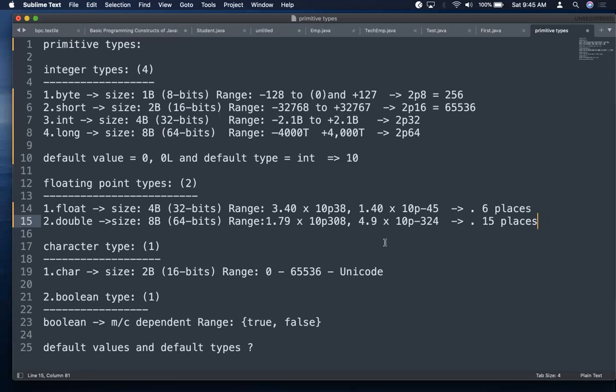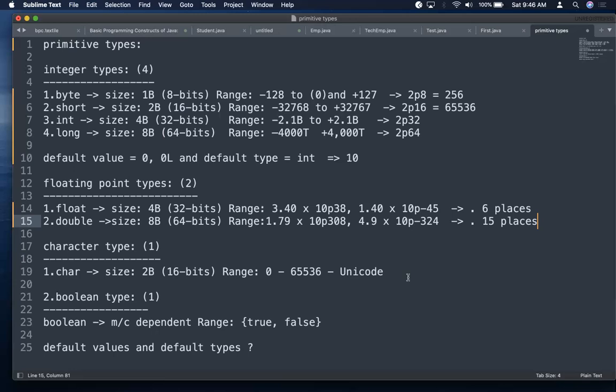Float size is 4 bytes, and the range is 3.40 into 10 to the power of 38, and 1.40 into 10 to the power of minus 45. Both are designed for negative values as well as positive values. So its range starts from 1.40 into 10 power minus 45 to 3.40 into 10 power 38.